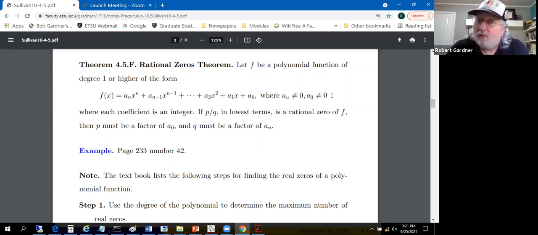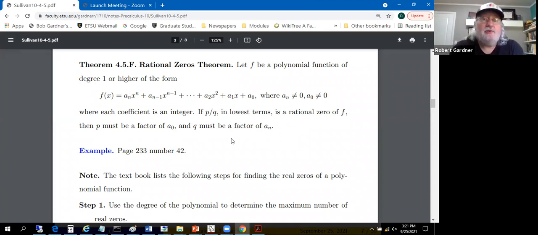So there's no loss in either of these hypotheses without loss of generality. We're dealing with a general polynomial function, and it's written in standard form, right? Decreasing powers of x. And we're requiring that each of these coefficients be an integer. This works from theory based on polynomials with integer coefficients. The claim is, if p over q in lowest terms is a rational zero of f, then p must be a factor of a sub 0, and q must be a factor of a sub n.